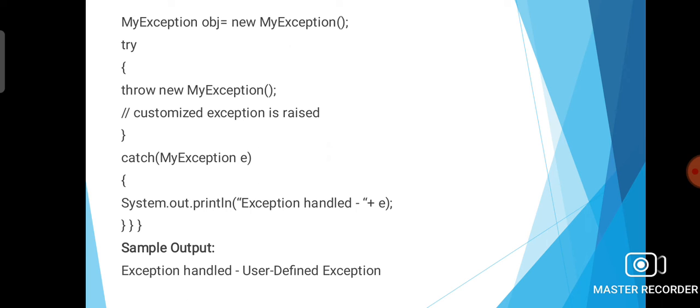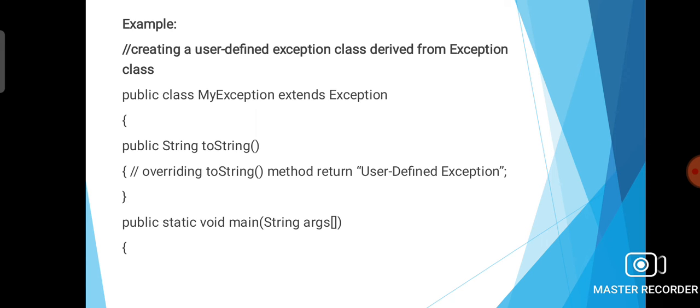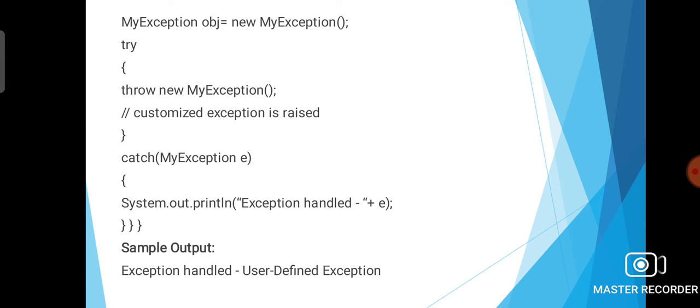So as a result of the try block, the catch block will be executed, and we will get the output like exception handled, and e is the exception message. The exception message will be provided by the String toString method. Actually the message is user defined exception.